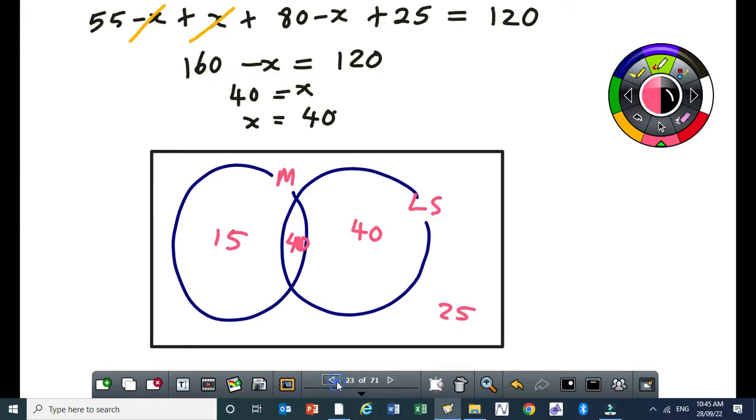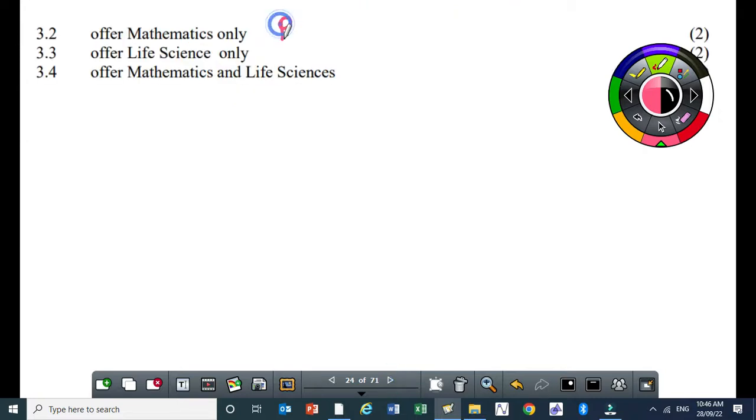Okay, you go to your Venn diagram. How many learners are doing maths here? It's 15. Okay, you don't have to stress now. So this will be P, maths only, M only. Okay, that will be 15 out of 120, because 120 is the total in the sample space. So this will give you 1/8.